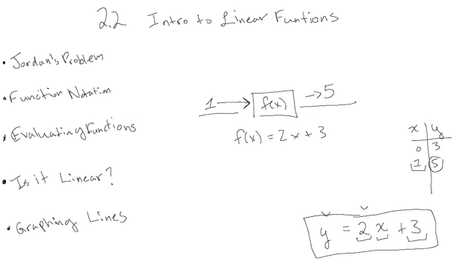Does that make sense? That said, let's see what happens in terms of the algebraic part. If you take 1 and stick it in here, we denote that as f of 1. All I did was replace this x here with 1 because I'm saying my input to my function is 1.